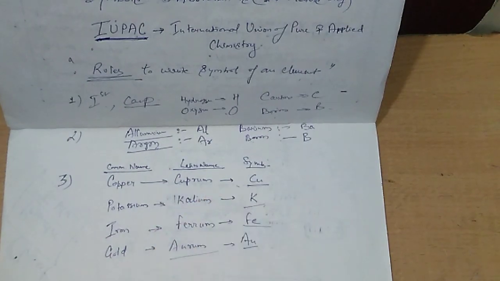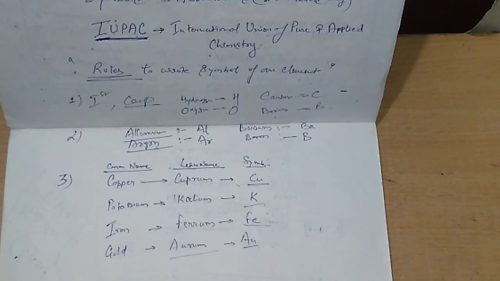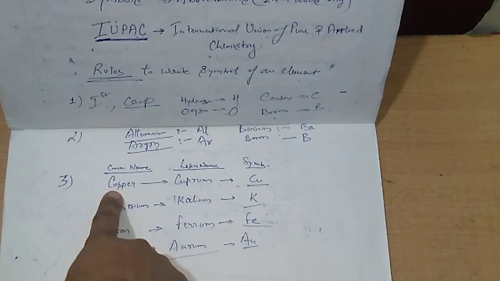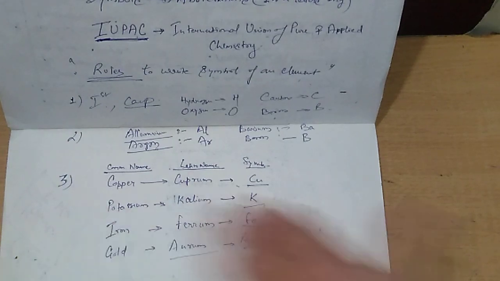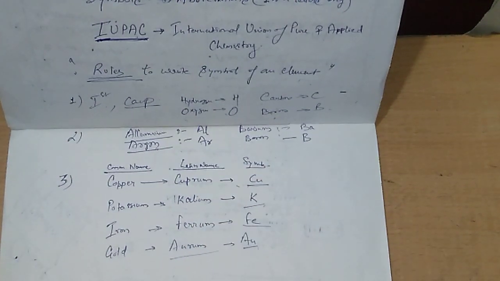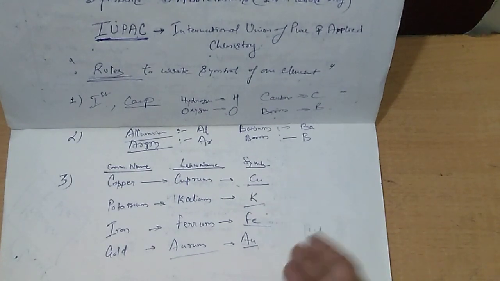Clear? So Cu for cuprum, K for kalium as potassium, Fe for ferrum as iron, and Au for aurum as gold. So copper, potassium and iron are the common names, which are very commonly known to everyone, and these are Latin names, which are less common among people. The symbols are given on the basis of these Latin names.